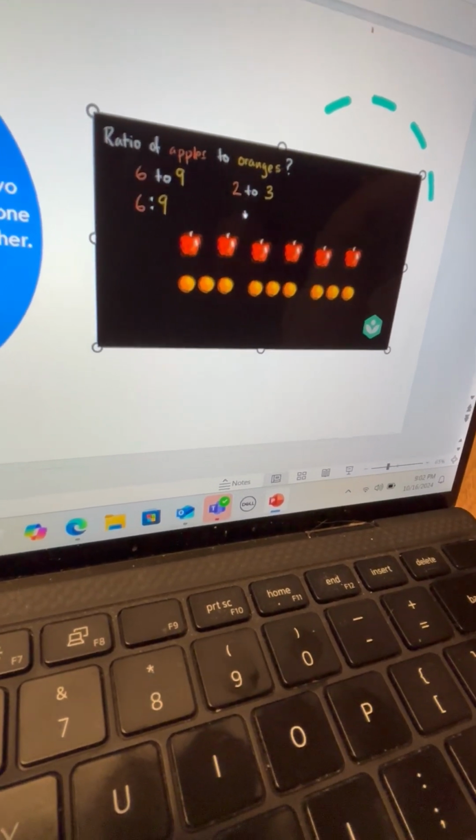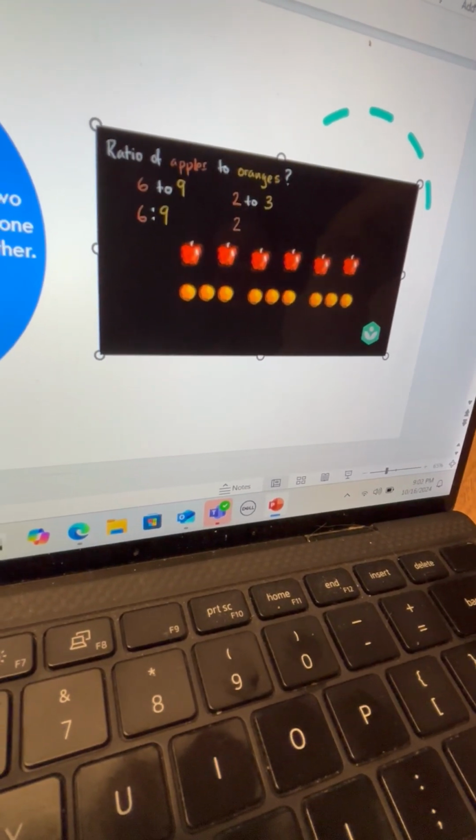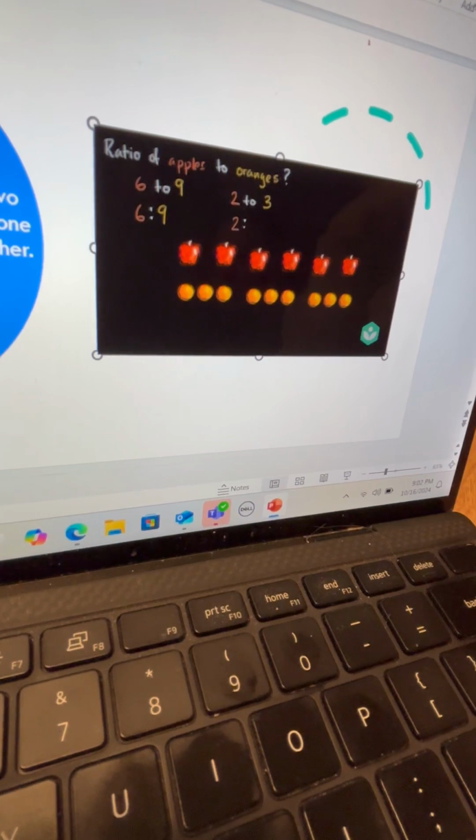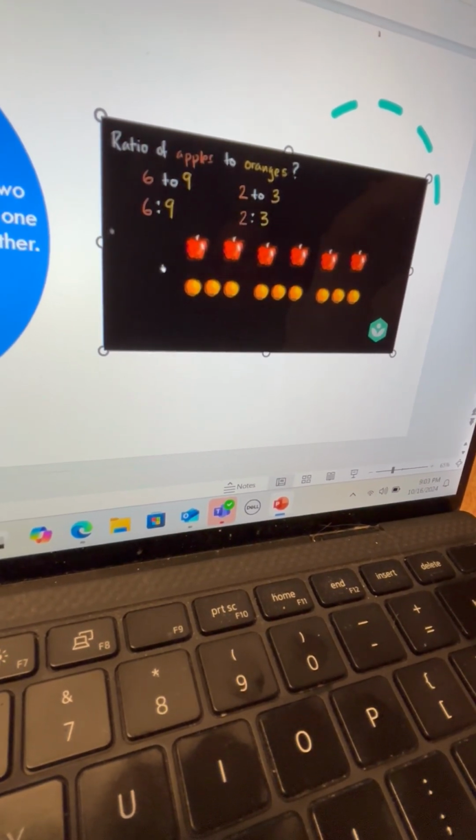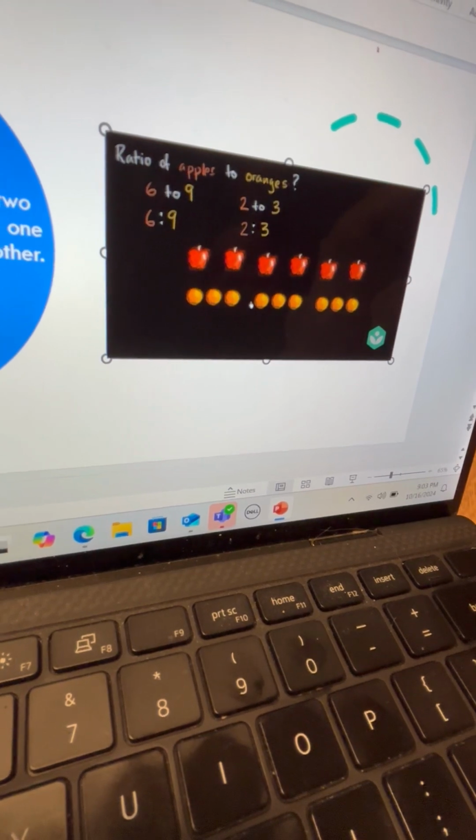Does that make sense? We divided each of these groups into 3.